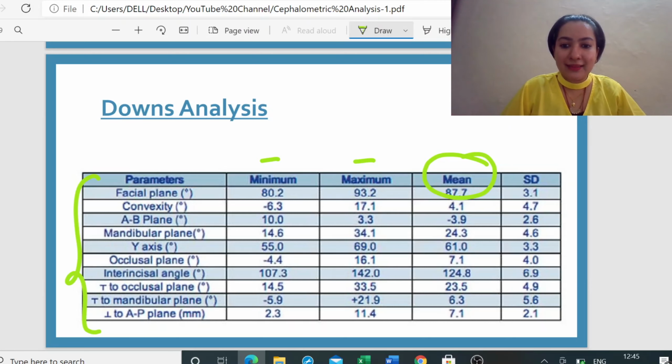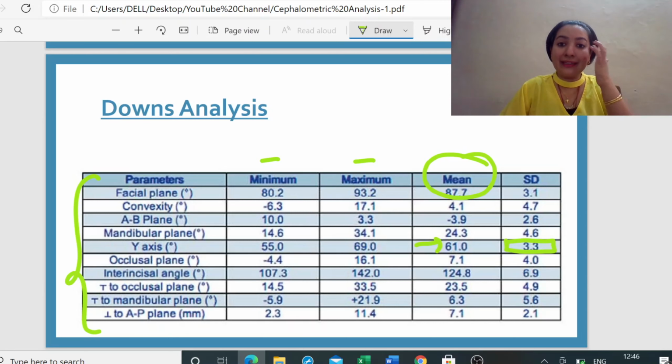Suppose for the Y-axis, if the mean is 59.4 degrees plus or minus 3.3 degrees, meaning my Y-axis can range from 56 degrees to 63 degrees. This range is the normal range. If it exceeds beyond 64 degrees, it means it is increased, and if it is less than 59 degrees, it means it is reduced.